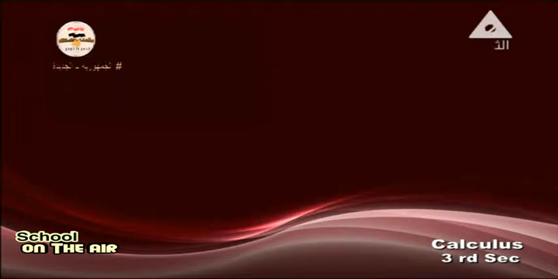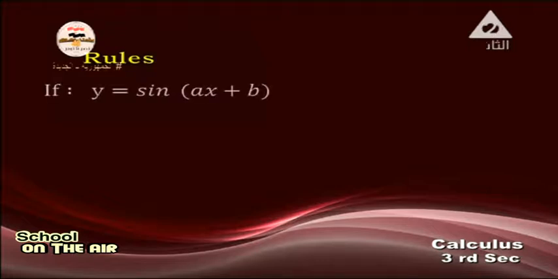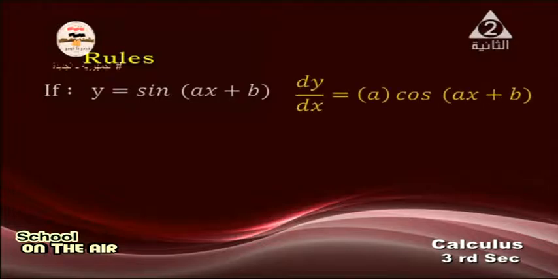Also, if y equals sine of (ax plus b), now we have a complex angle ax plus b, then the derivative of y with respect to x, dy/dx, equals the derivative of sine (ax plus b), which equals cosine (ax plus b) multiplied by the derivative of the angle ax plus b, which equals a.